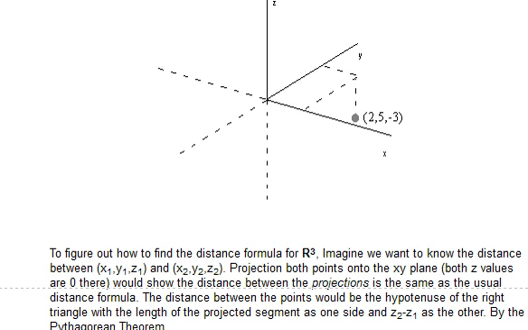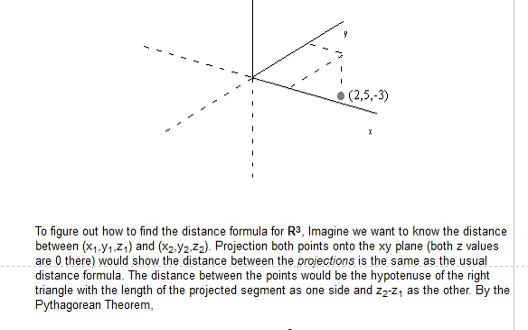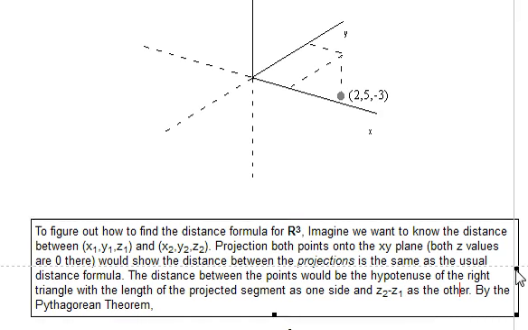To figure out how to find the distance between points in space, we want to know the distance between (x1, y1, z1) and (x2, y2, z2). Aha! Sounds familiar, doesn't it?